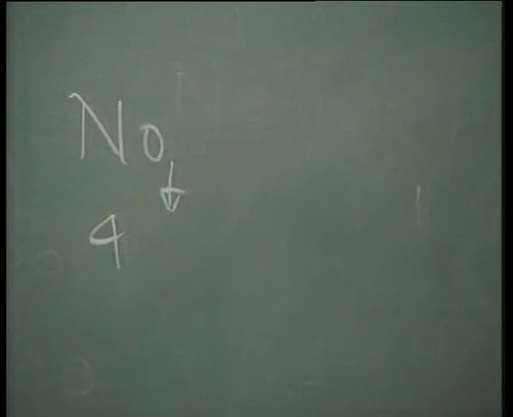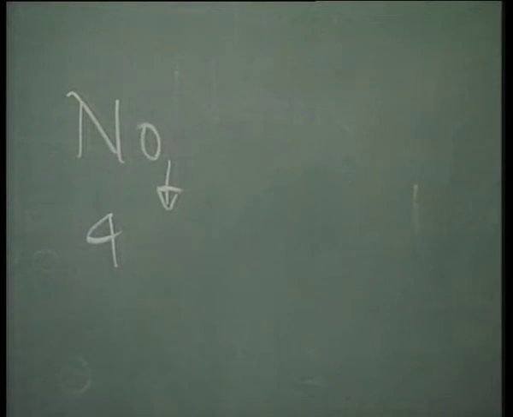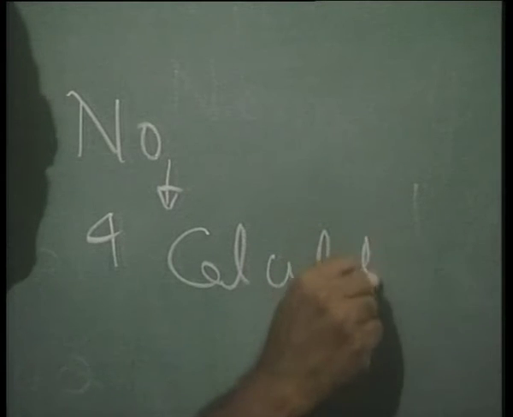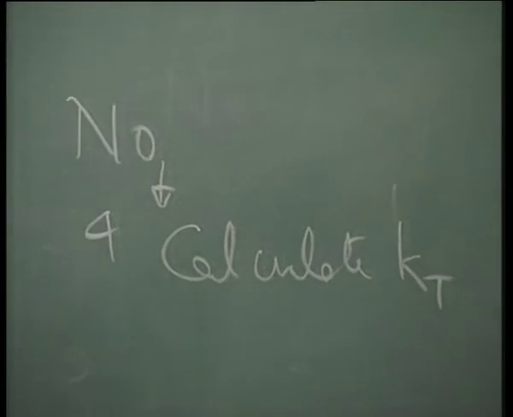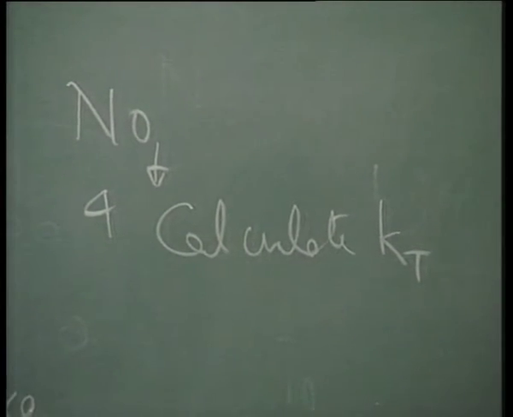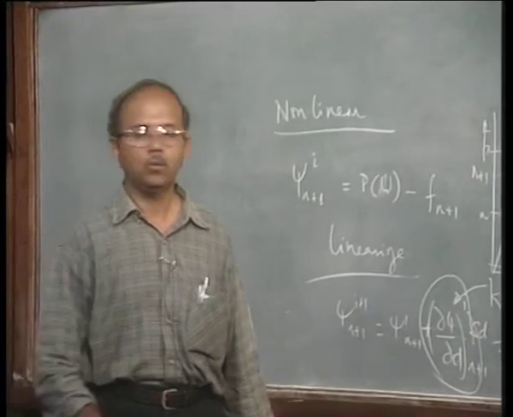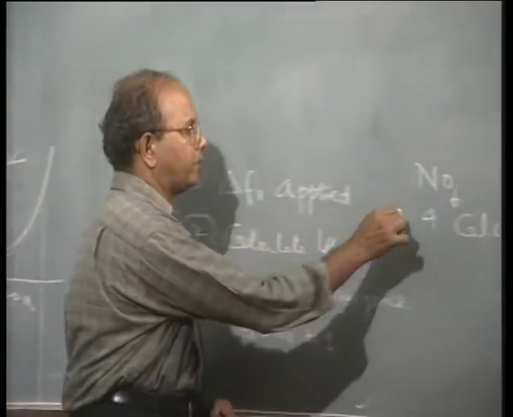So, what is it that you do here? Iterate. Okay, fine. What is it that you do here as a first step? Calculate KT. Very good. So, calculate KT. Right? Okay. What is it that you do afterwards?